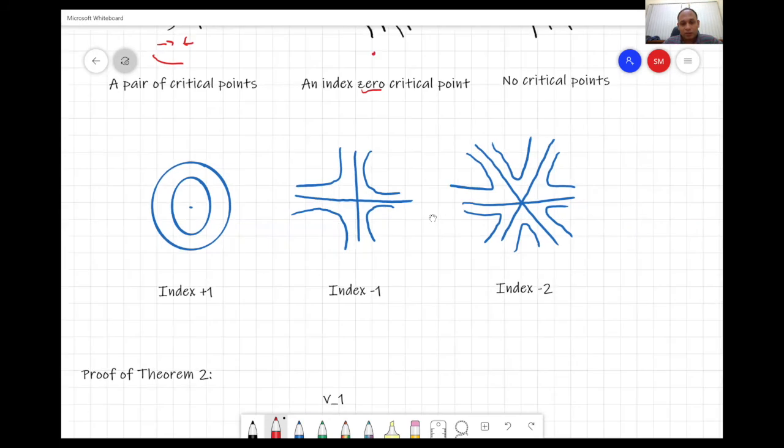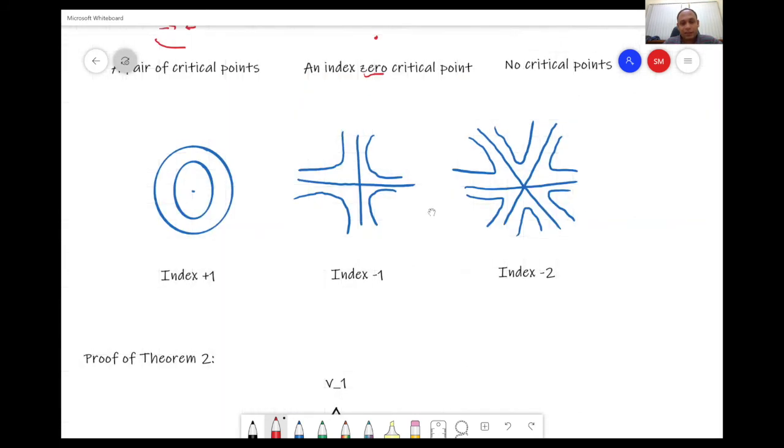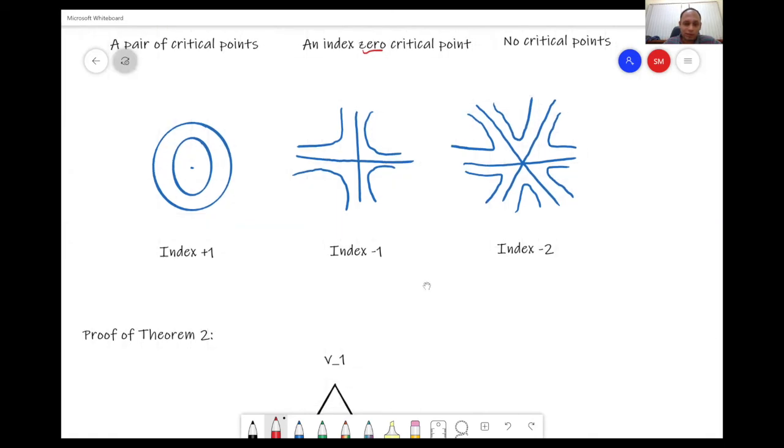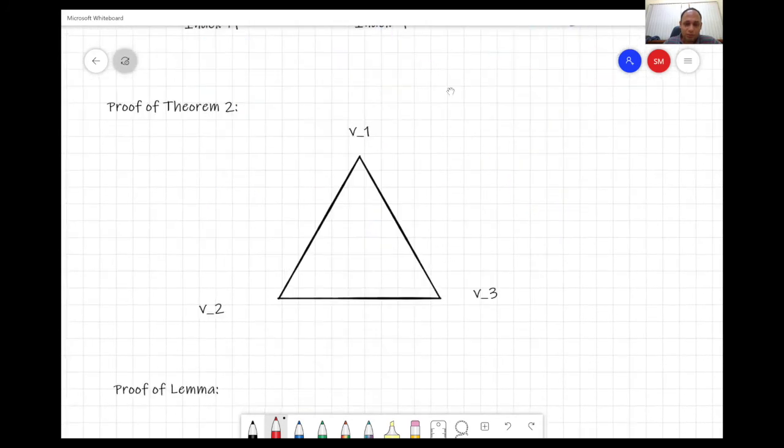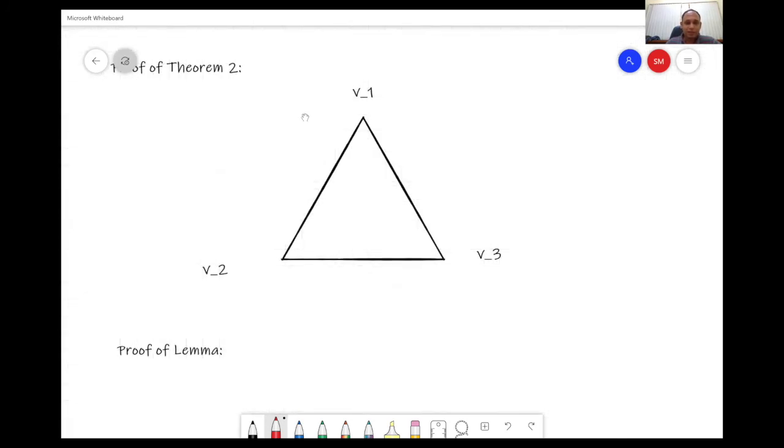It is more or less clear from these kinds of pictures that if you do have a critical point that has non-zero index, then it cannot just vanish immediately. It needs some argument, but I hope it is more or less trivial.